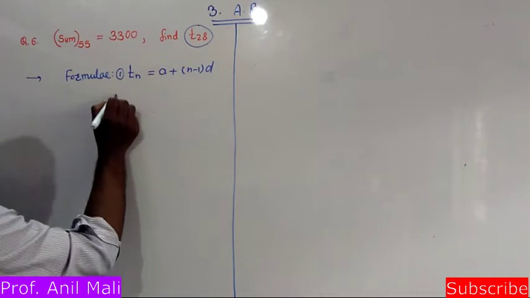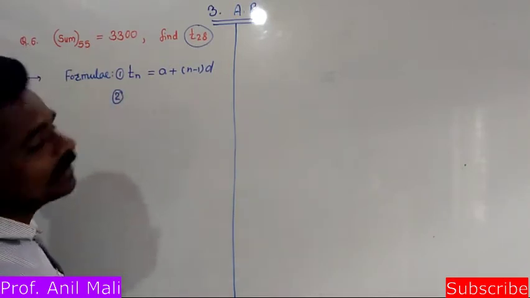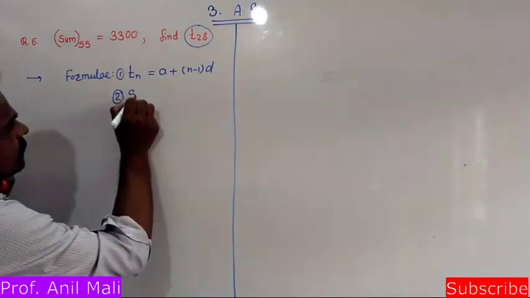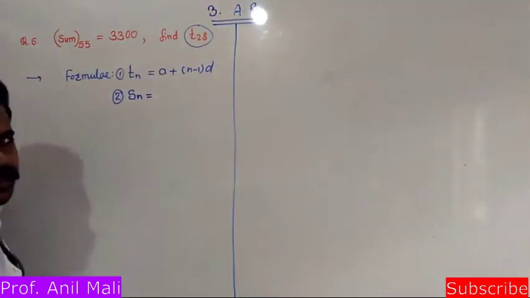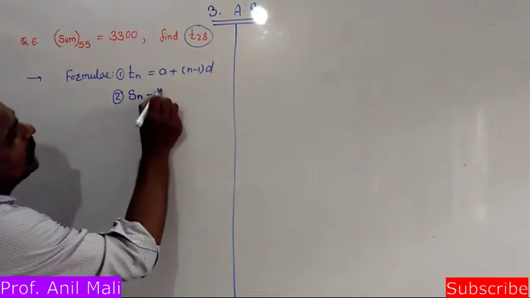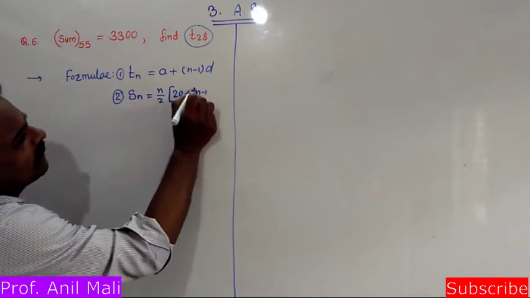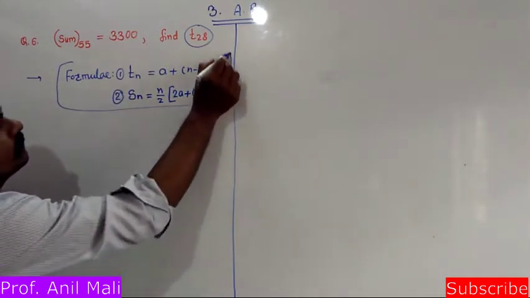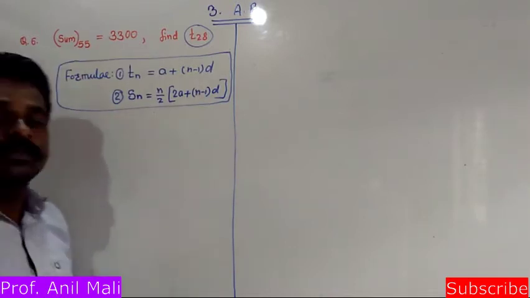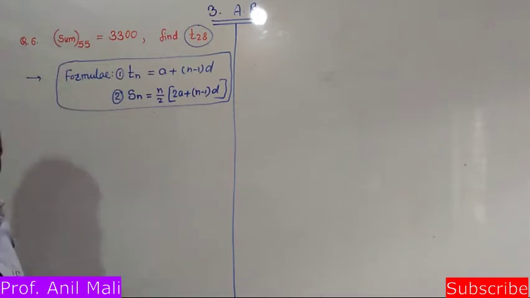And formula number 2 is for the sum of first n terms: Sn is equal to n by 2 into the bracket 2a plus n minus 1 into d. These are two formulas for solving this type of problem.